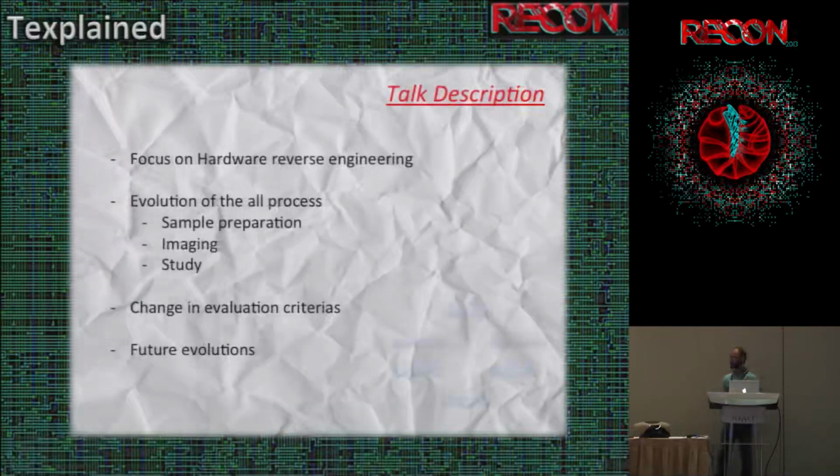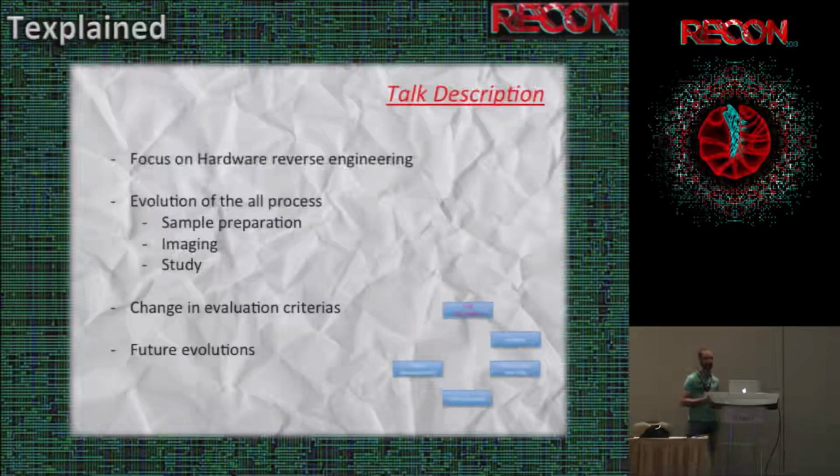So today I will speak about hardware reverse engineering in the way that I really want to exploit, to transform the pictures I can make from a chip into a netlist and start working with it.